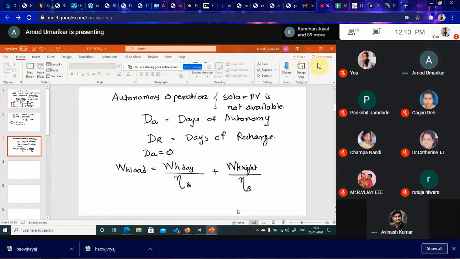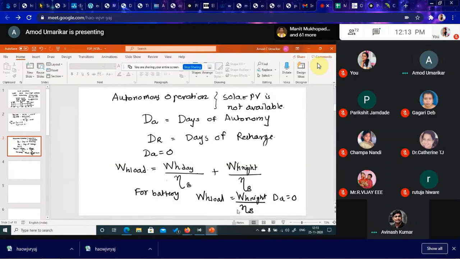But of course, if days of autonomy are 0, the main load becomes WH night upon battery efficiency, provided DA is 0. So this is the main load which the battery has to supply.